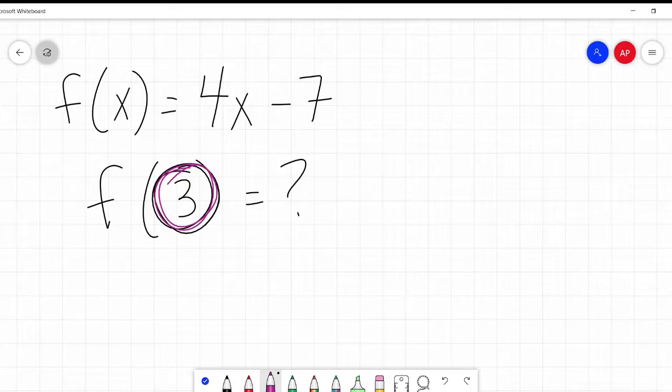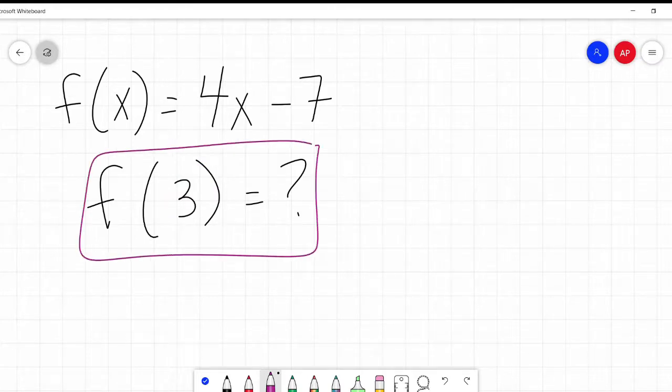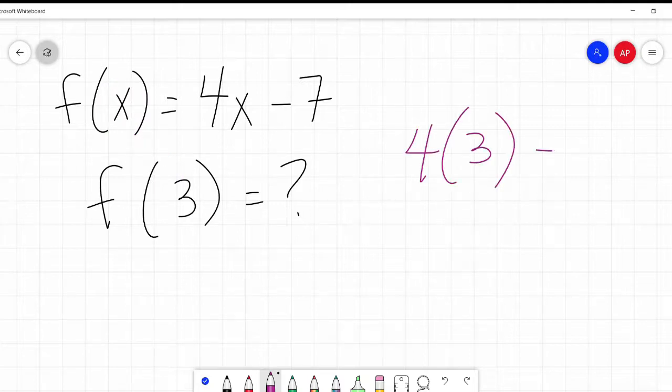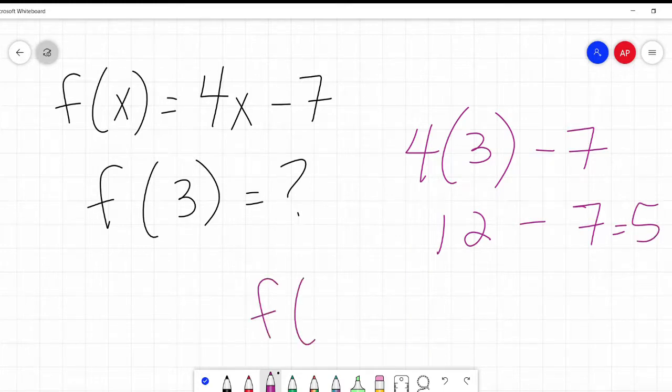So all they're asking you with this nomenclature is to take this 3 and pop it into that first equation every time there's an x. Because you see 3 is our x: f of x, f of 3. So every time there's an x, put in 3. So 4 times 3 minus 7. 4 times 3 is 12. 12 minus 7 is 5. So f of 3 is 5. That's what that is asking you.